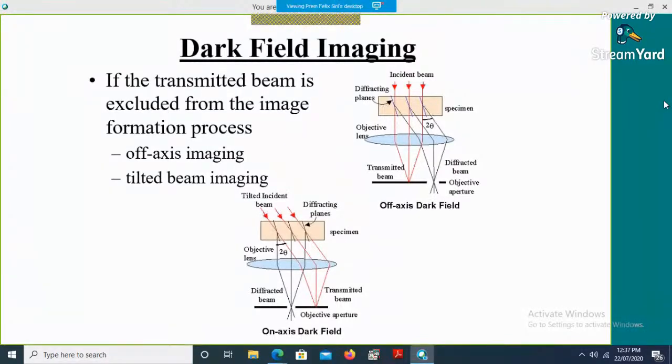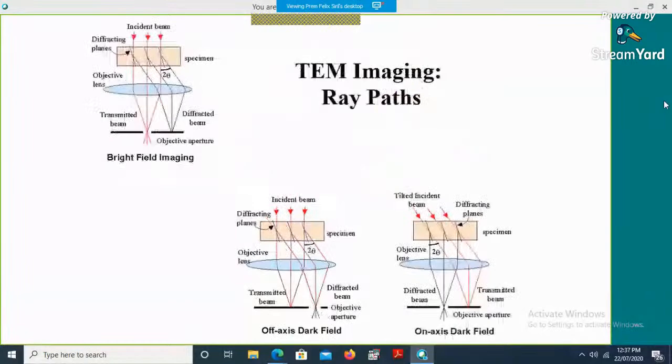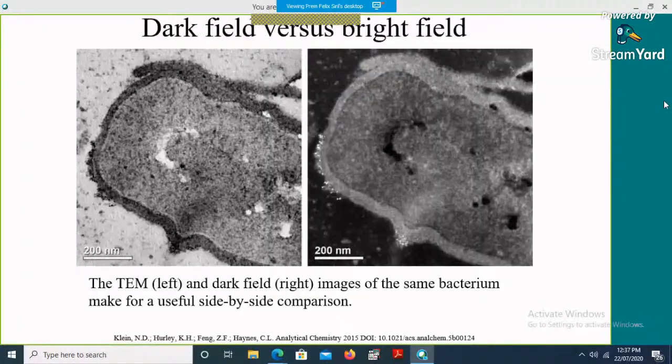Bright field and dark field imaging give you complementary information. This is an example of a bacteria, where you have a dark field image and a bright field image.